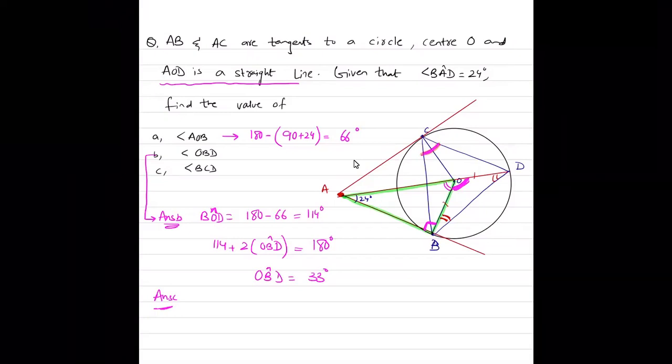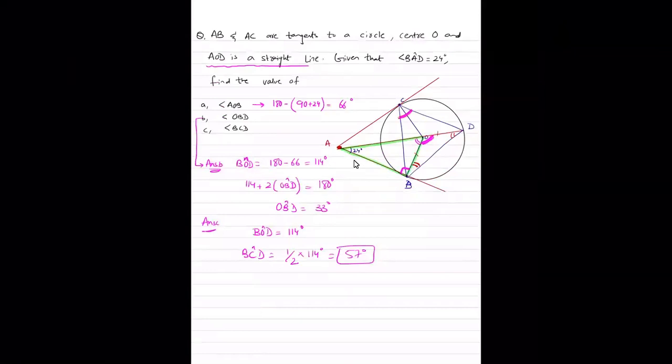So the angle at the circumference is going to be half the angle at the center. If BOD is 114 degrees, then BCD should be half of 114 degrees, that is 57 degrees. I'm going to explain this property in the coming class, in the next question.